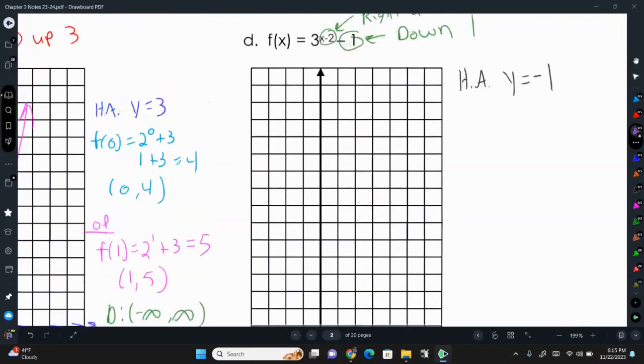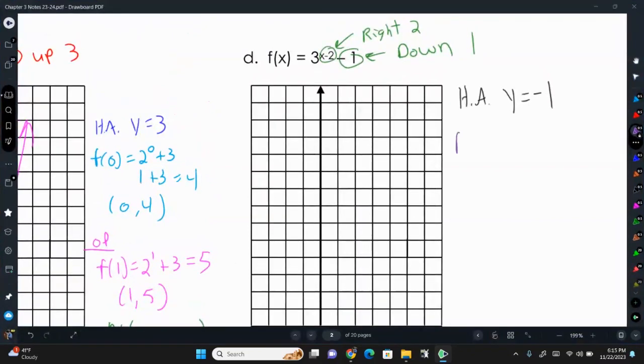And then our y-intercept, so f of 0, is going to be 3 to the 0 minus 2 power minus 1. Well, that's going to be 3 to the negative second power minus 1.